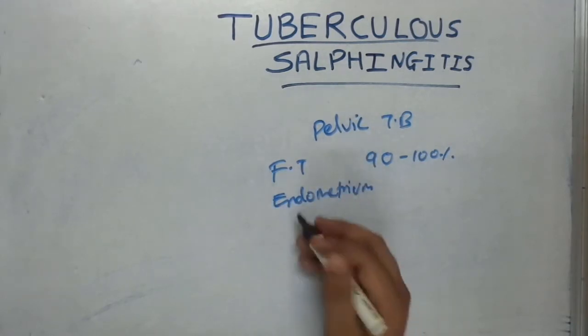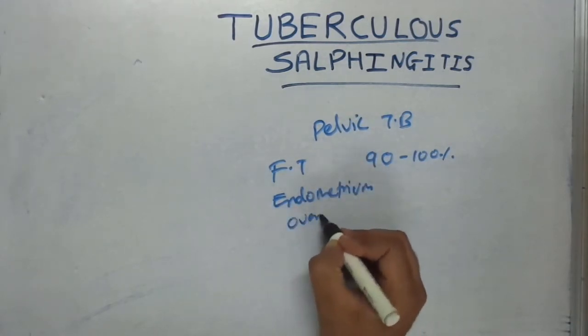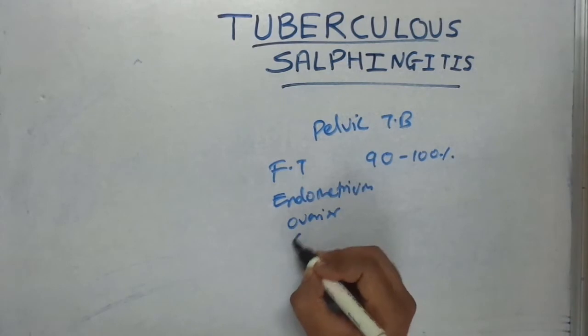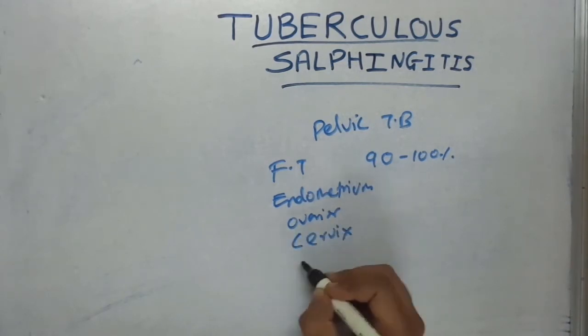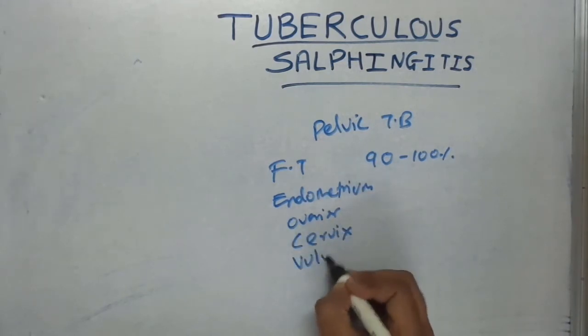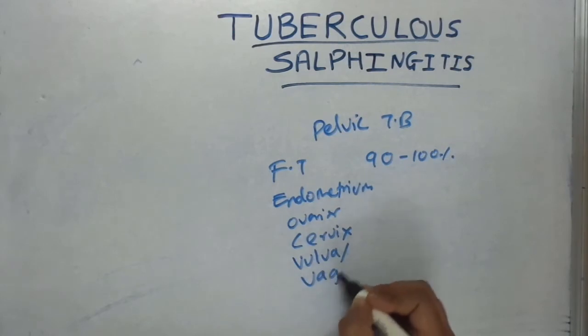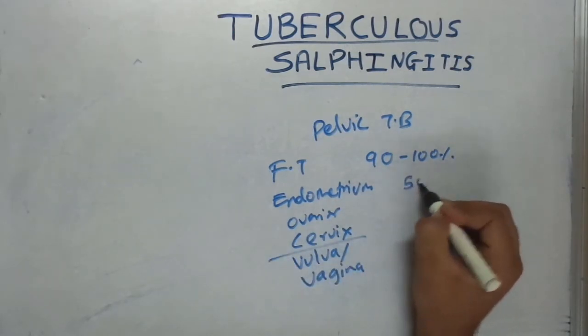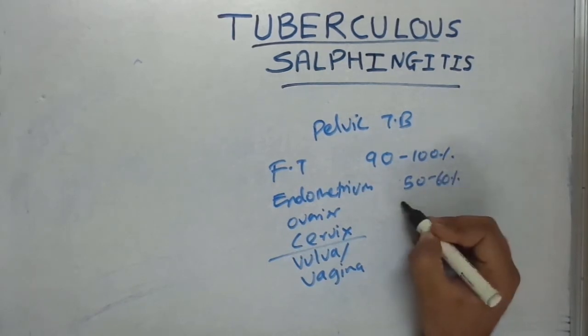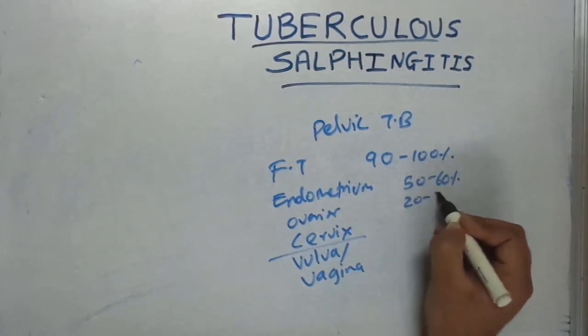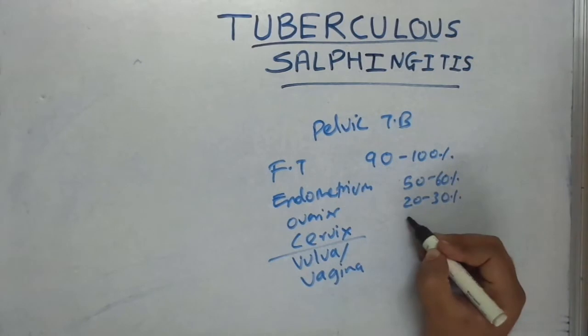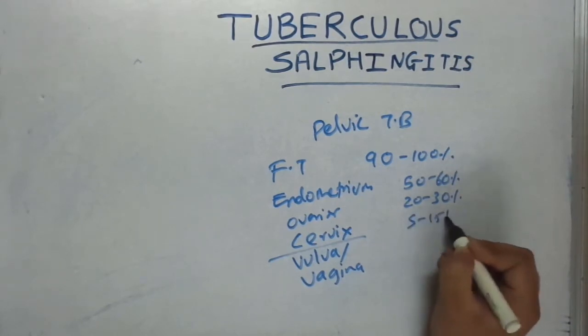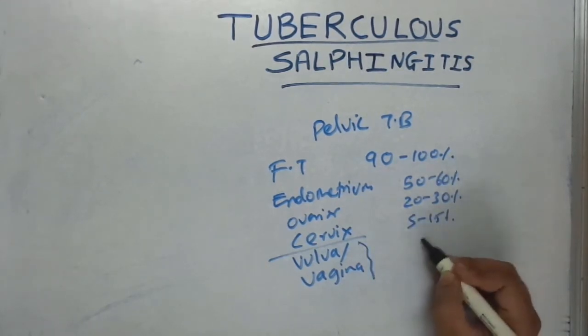Let us first write the organs: endometrium, ovaries, cervix, and vulva or vagina. In endometrium it is 50 to 60%. In ovaries it is 20 to 30%. In cervix it is 5 to 15%, and vulva and vagina it is less than 1%.